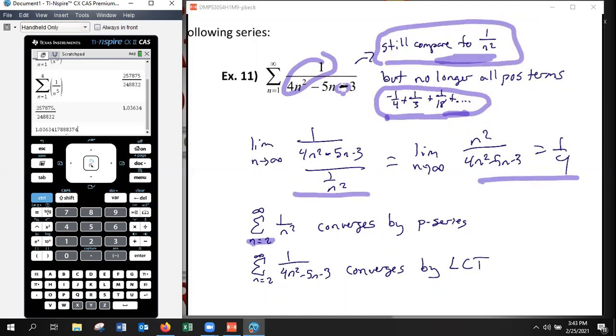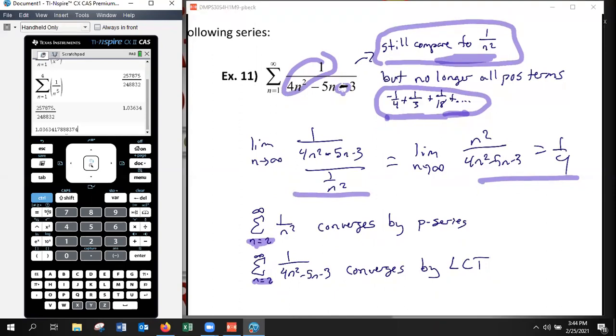Notice how I said from n equals 2 to infinity for our limit comparison test. Because we can discard the first term: if the rest of the terms converge, then the rest plus the first term will still converge as well. And if the rest diverges, then you now have infinity plus a number, which is still going to be infinity anyway.